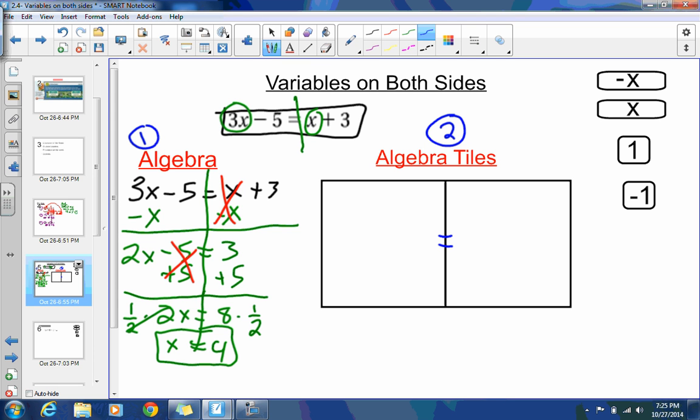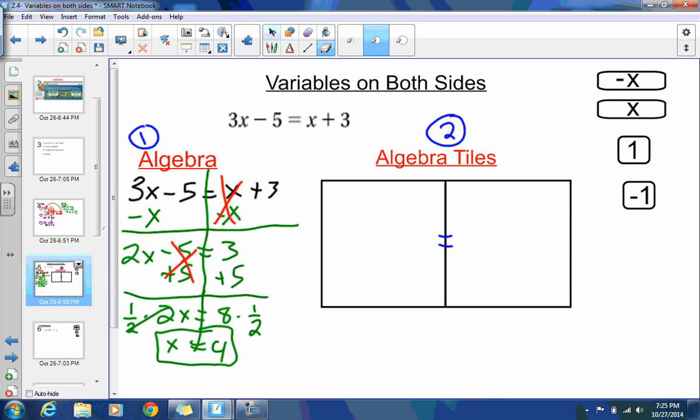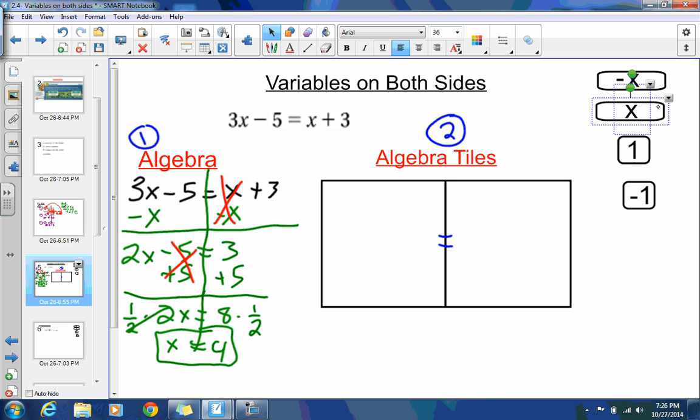Now, if you look at the original equation, and I will erase what's on here. If you look at our original equation, we have 3x minus 5 equals x plus 3. So on the left side, we have 3x. So we'll bring, and what I'm going to do here is make this an infinite cloner.